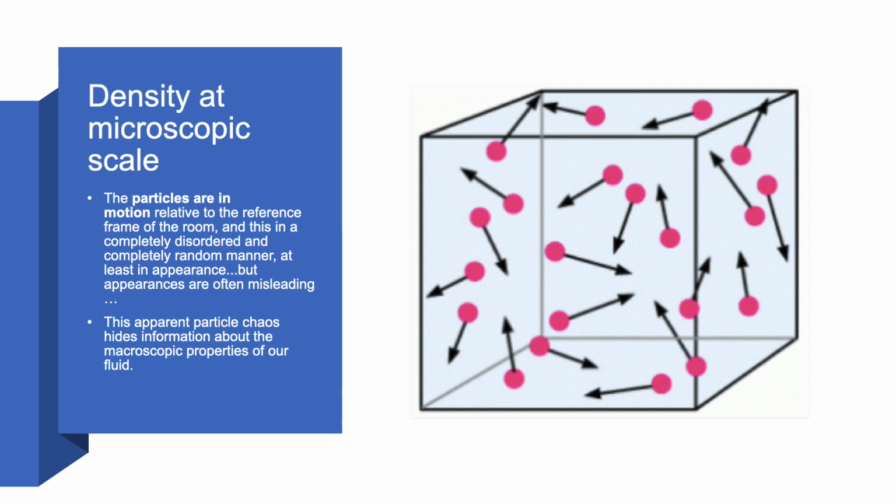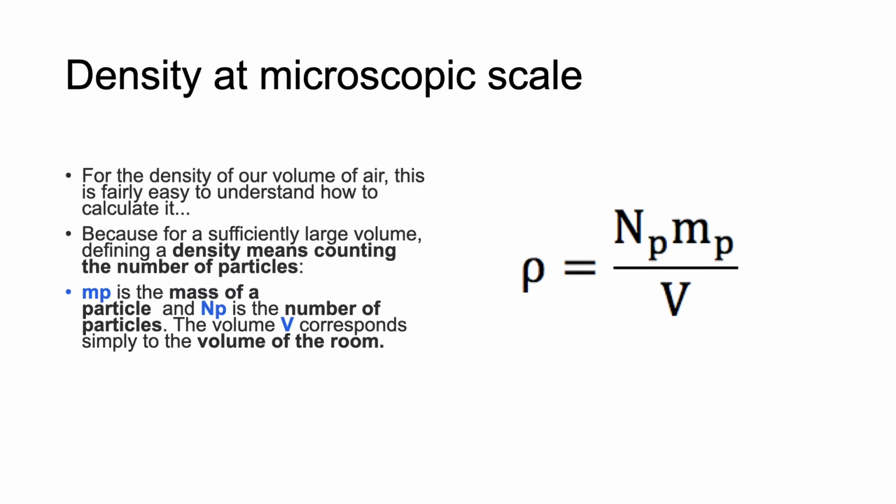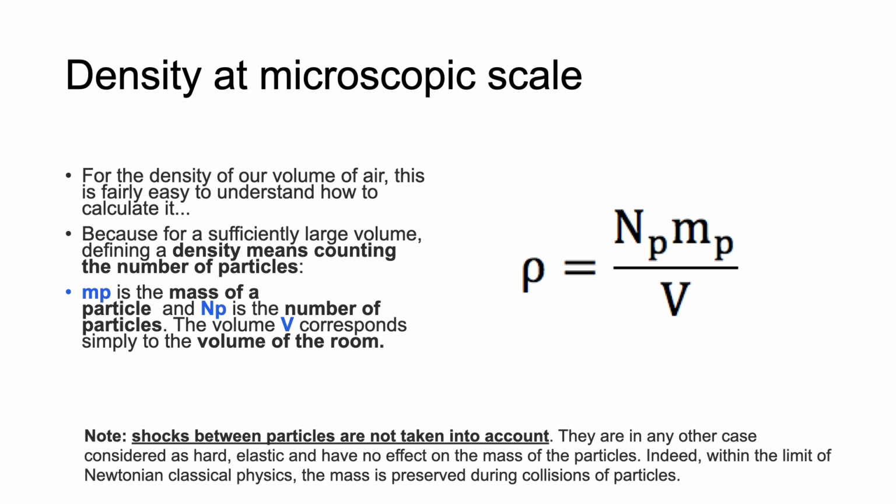This apparent particle chaos actually hides information about the macroscopic properties of the fluid. And I'm starting with density because it's the easiest quantity to calculate.